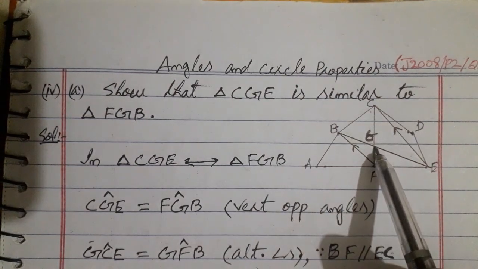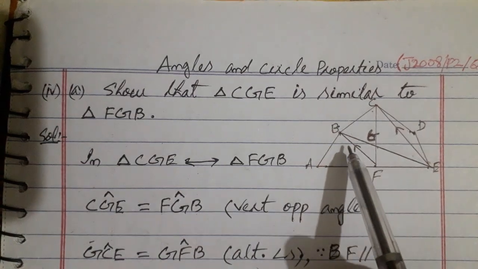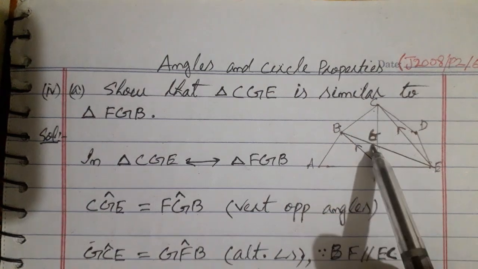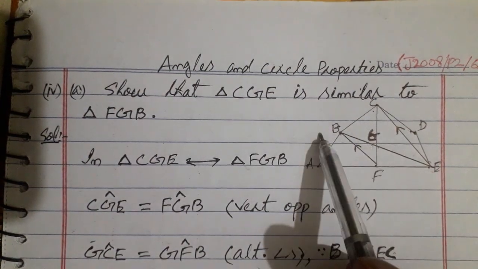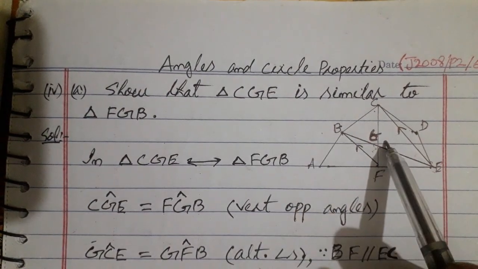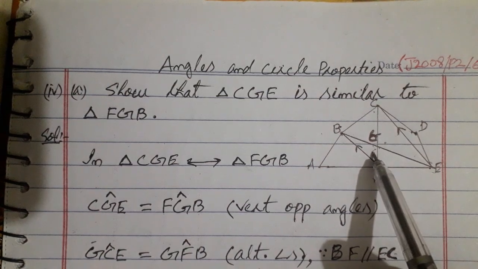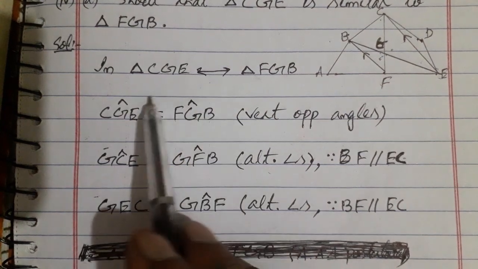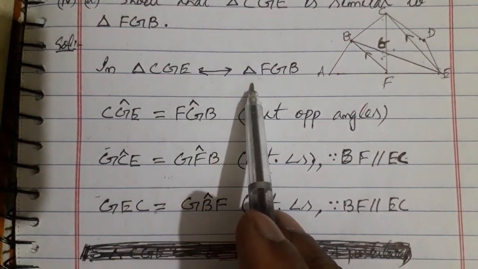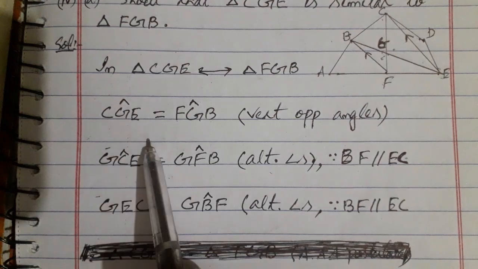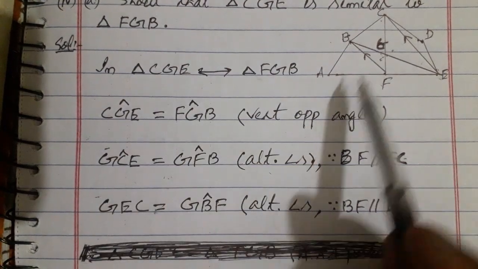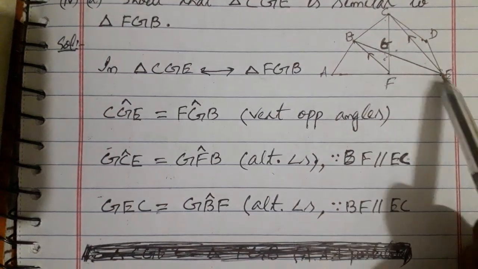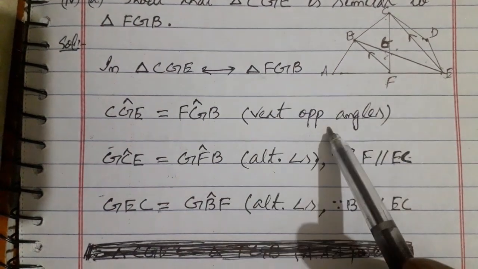In correspondence of triangle CGE and triangle FGB, angle CGE is equal to angle FGB, vertically opposite angles.